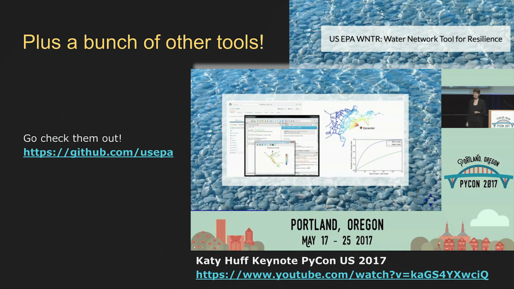Also, at the PyCon 2017 conference, Cathy Huff was talking a bit about the different tools that can be used to analyze the different problems that we're facing as humanity, and pointed to a specific software, US EPA WNTR, Water Network Tool for Resilience, or how cities can learn to adapt to withstand the problems of climate change, rising temperatures, droughts, extreme rainfall events, among other things. So this is an invitation for all of you to go explore this site, because there are many pieces of software that are pretty interesting.